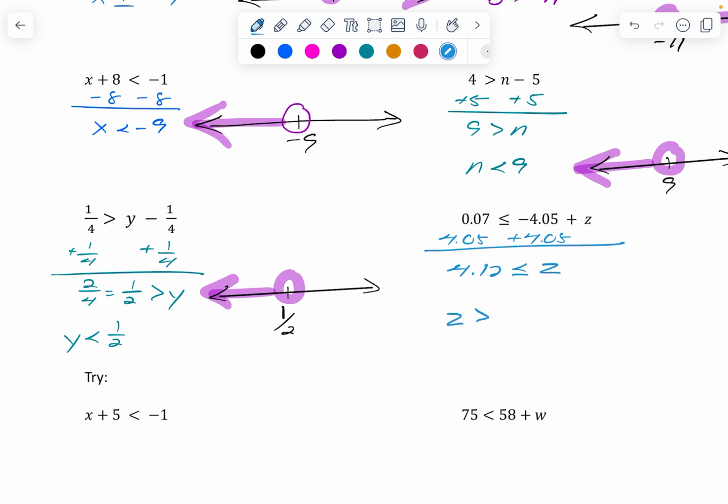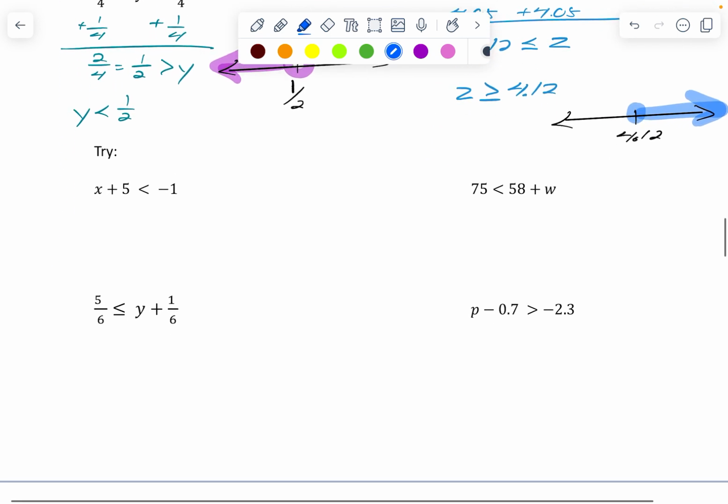Again, I want to rewrite that because I like my variable on the left. It just makes sense that way. So we can just write z greater than or equal to 4.12. So solid and then to the right.